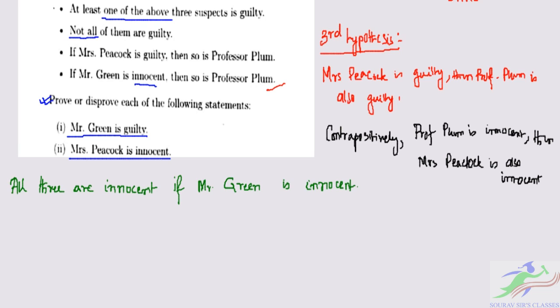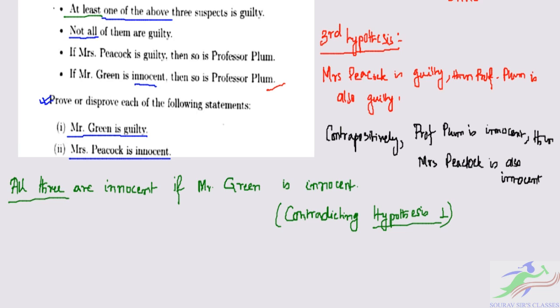But if all three are innocent, this is contradicting hypothesis 1, where you can say that at least one of the above three suspects is guilty.